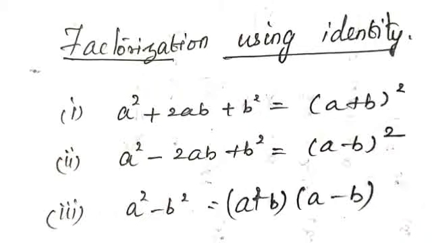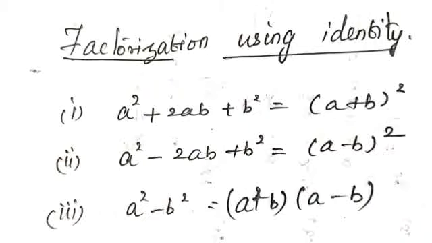So the first question will arise: how or when can I apply these identities to factorize a given equation? One thing you have to notice in the problem, because I already told you that the general form of the quadratic equation, ax square plus bx plus c is equal to 0, has three terms.